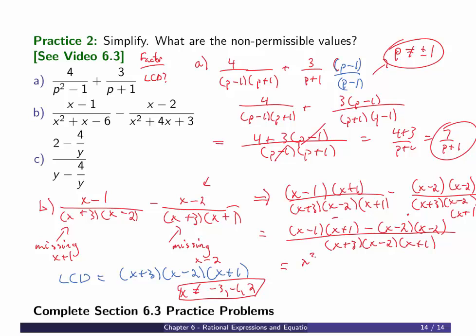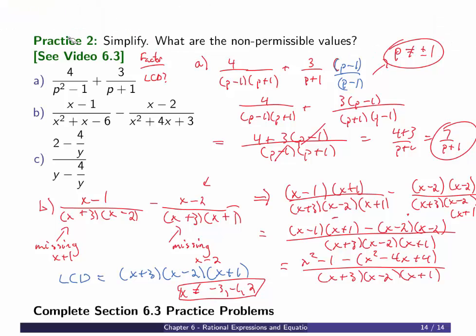This is difference of squares. What you're left with is x minus 1. And what you're going to be left with here is x squared minus 4x plus 4. This is all over x plus 3, x minus 2, x plus 1.